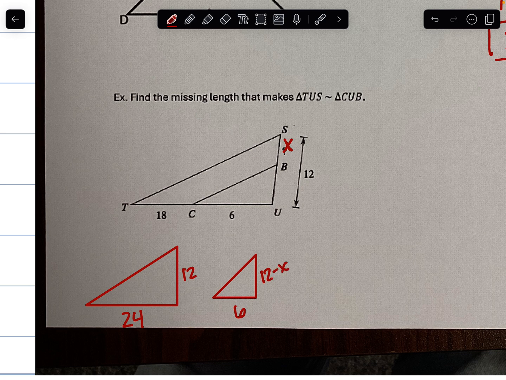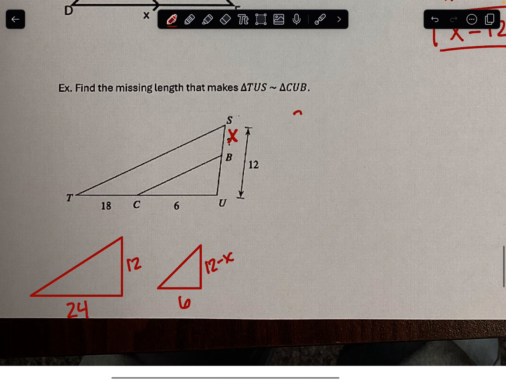Good. And this is why we show the example, because a lot of times we go straight to thinking, oh, this is what I need, so I'm just going to label it x. But that's not what it asked us for. It asked us for the part above.